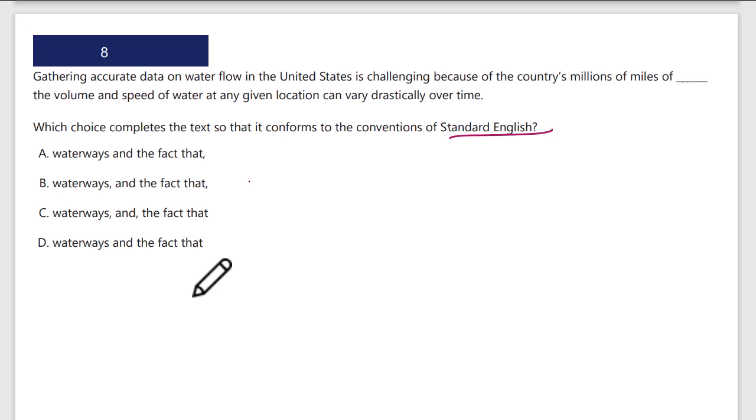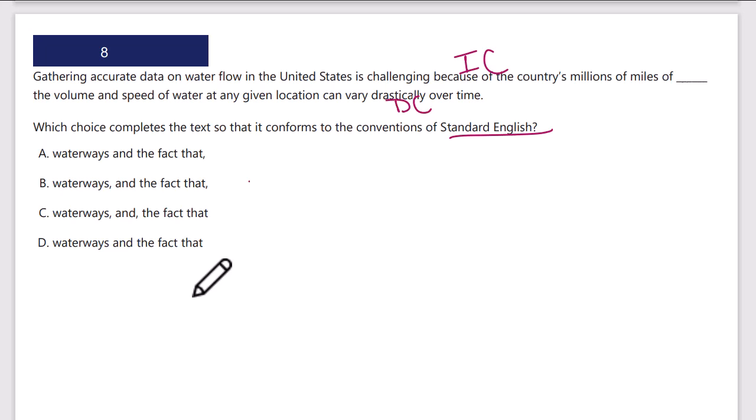So gathering data on the water flow is challenging because of the country's millions of miles of waterways. That is an independent clause. And then afterward, "and the fact that the volume and speed of water at any given location can vary drastically over time." It needs something else. That doesn't complete a thought.